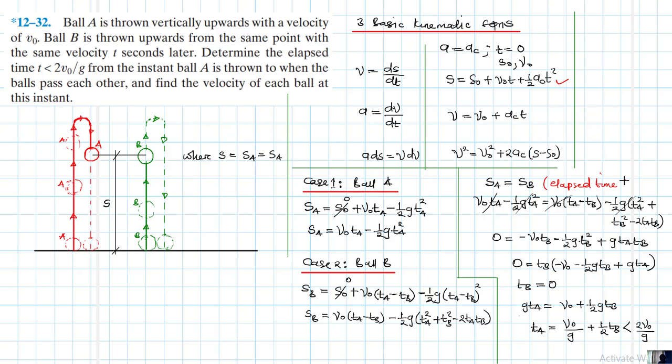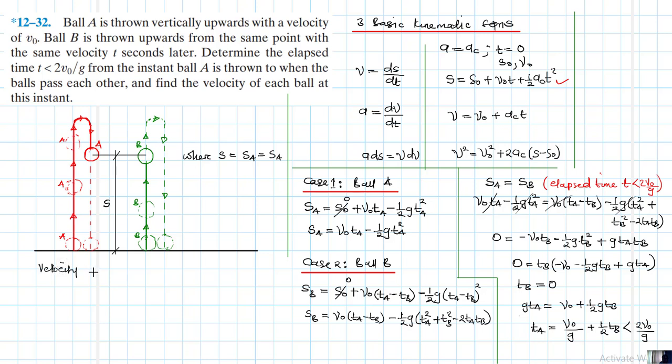Okay, which should be less than 2V naught divided by G, which we've calculated. So here, let's now calculate the velocity. So the velocity of the two balls. So we calculate the velocity of the two balls, right?